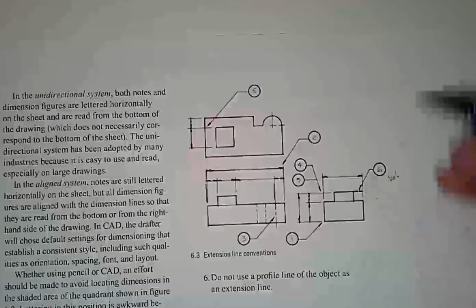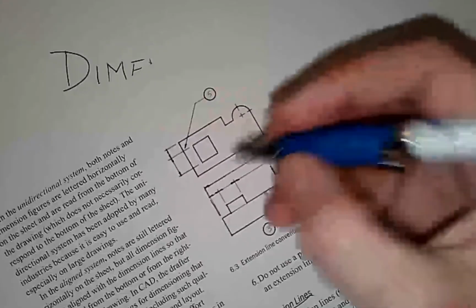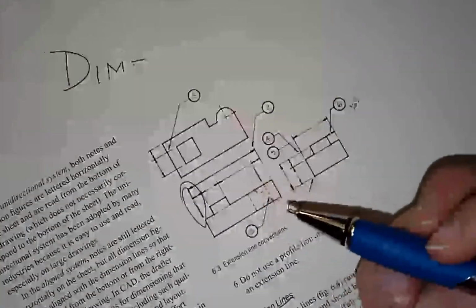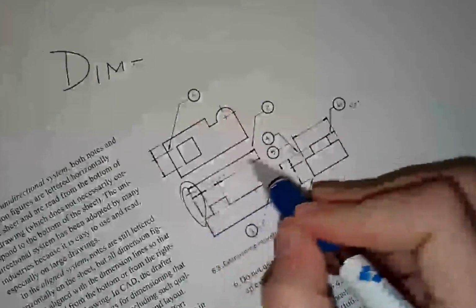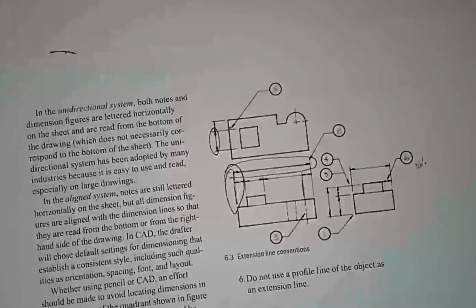The other component would be the actual dimension line. So when we say extension line, we're talking about this vertical line, pulling the dimension out away from the drawing. When we talk about dimension line, we're talking about the horizontal line, a line which is equivalent to the part that is dimensioned. Does that make sense?